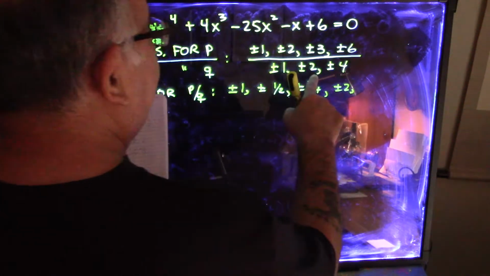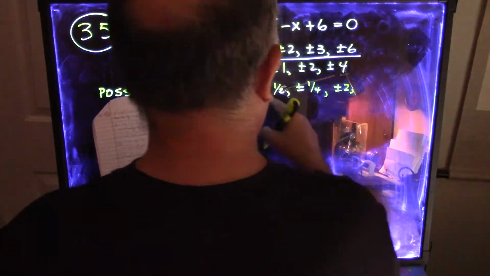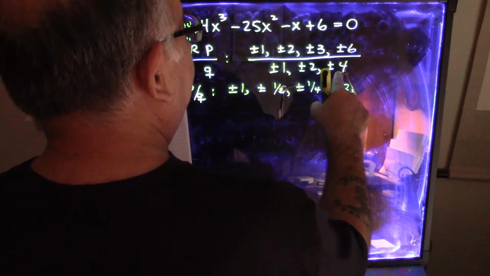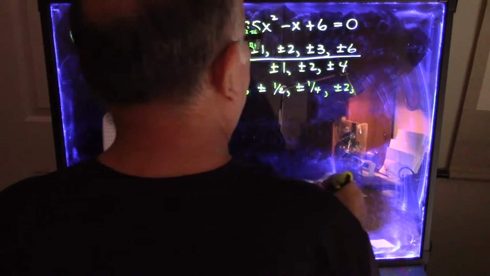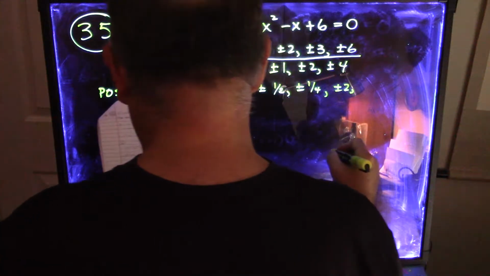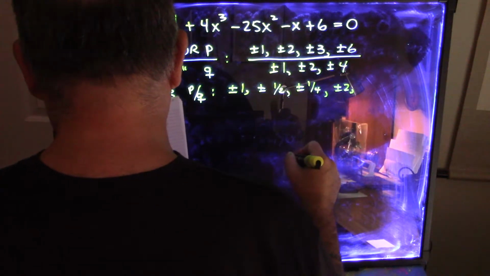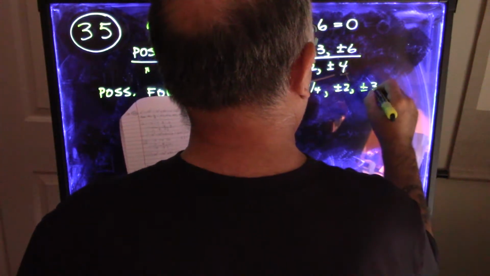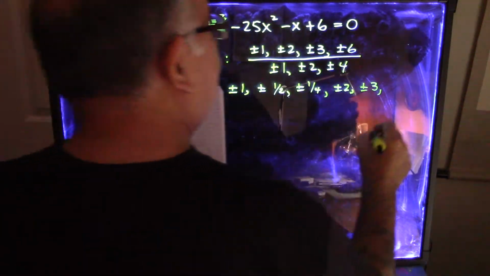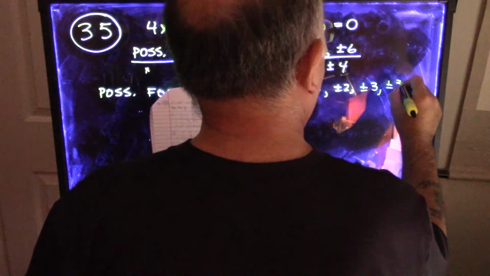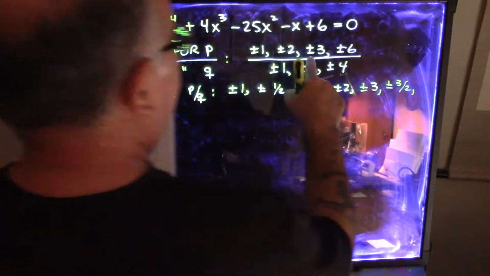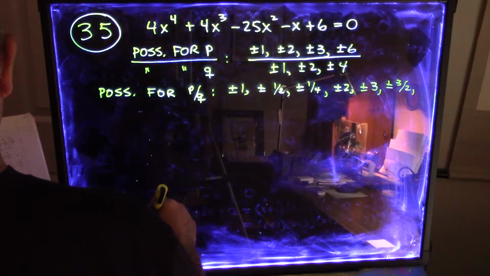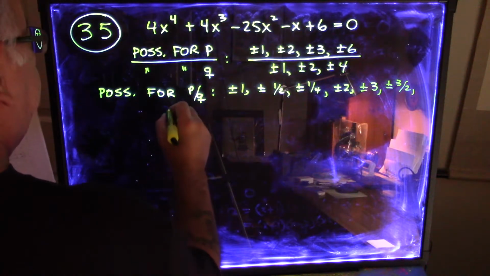Plus or minus 2 over 2 is still plus or minus 1, which we already have. And 2 over 4 is 1/2, so we already have that. Then going to 3, plus or minus 3 over 1 is plus or minus 3, plus or minus 3 over 2, and then plus or minus 3 over 4.